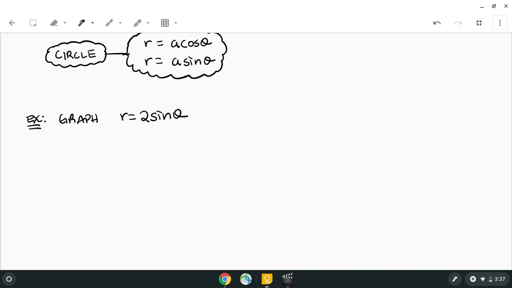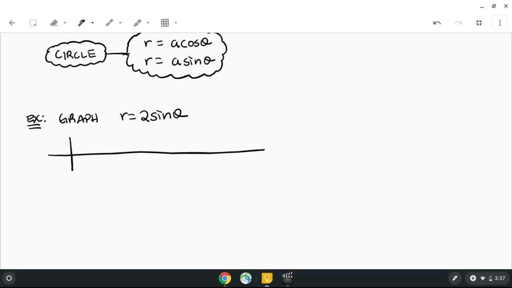Okay, so I'm going to go ahead and make a table. I'm only going to pick the angles that are easy to graph. If I get a decimal answer, then I'm not going to use that.